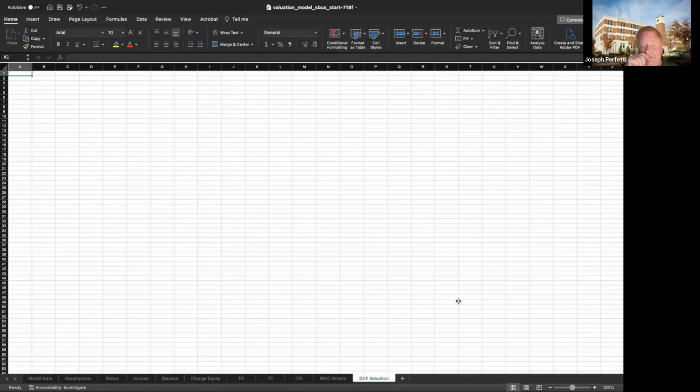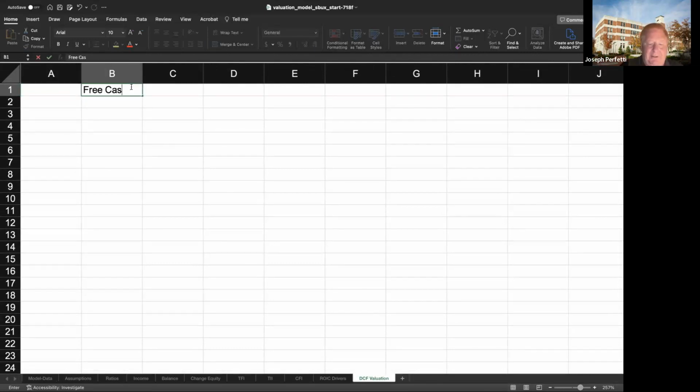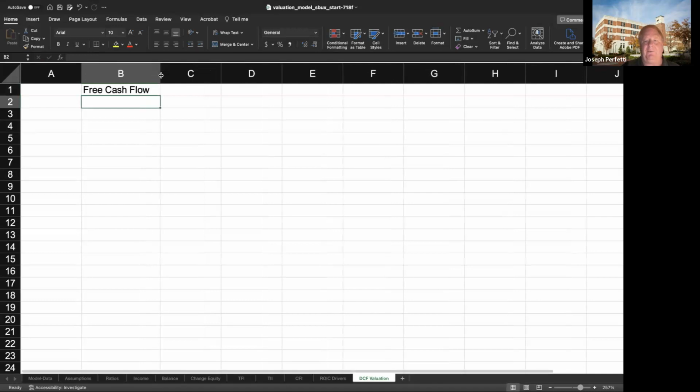Okay, so here is how we're going to do that. On this new worksheet in the model at the end called DCF valuation, operating cash flows. What are our operating cash flows? Those are our free cash flows. What is our forecast for free cash flow?